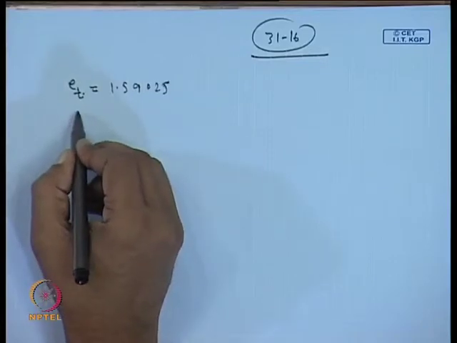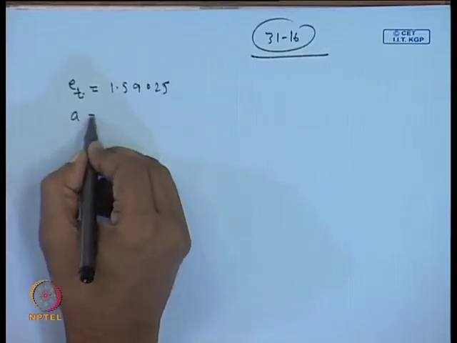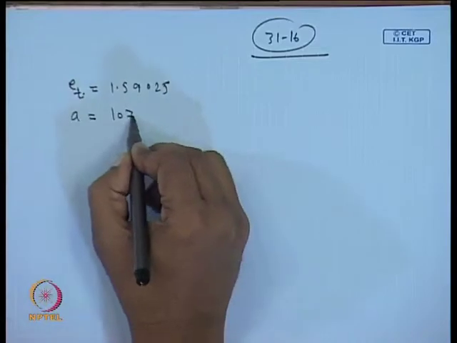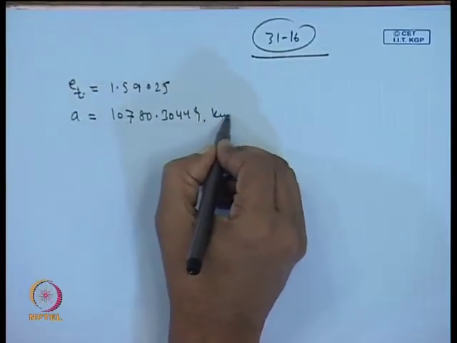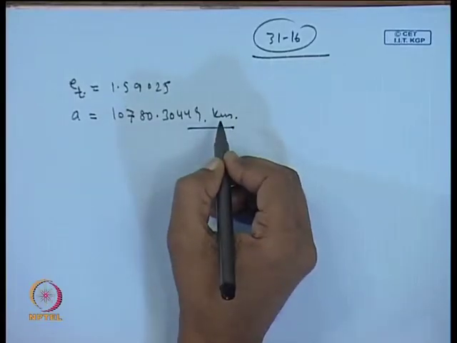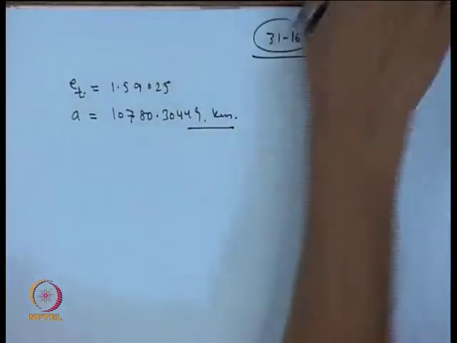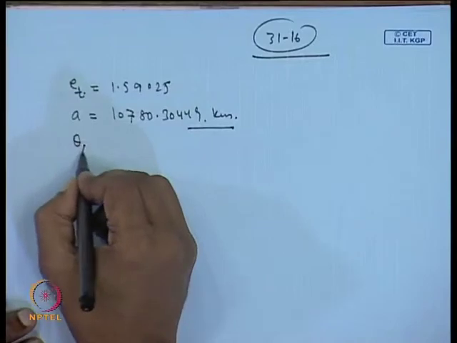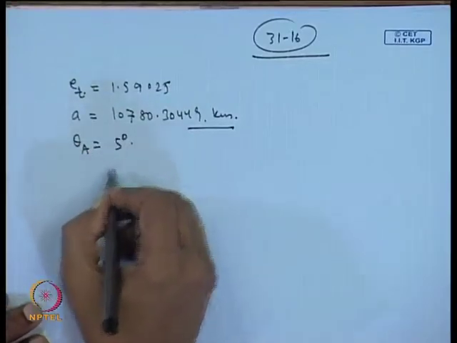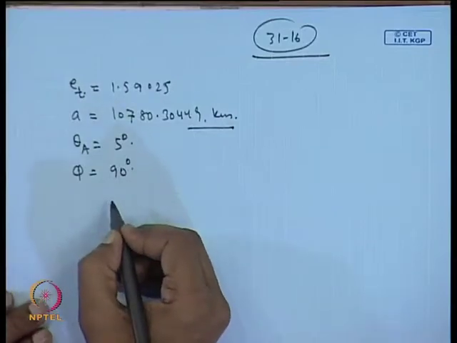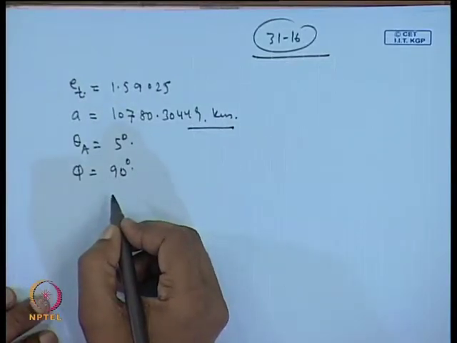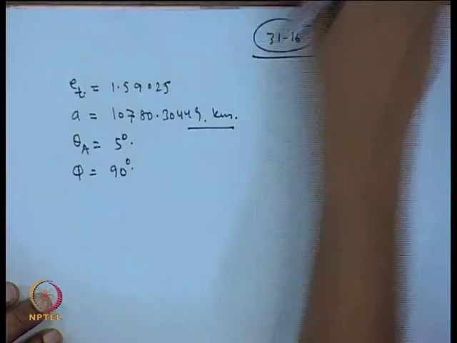And then A also is available to us, 10780.30449 kilometers. Theta a is assumed to be 5 degree, and phi is given to be 90 degree. The rest of the quantities are known inside this equation.